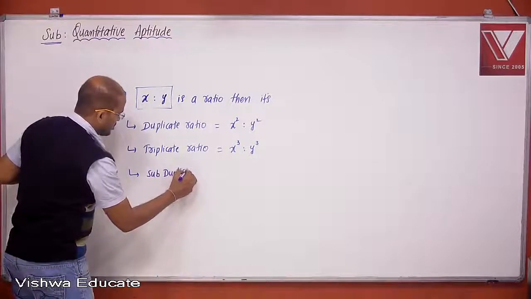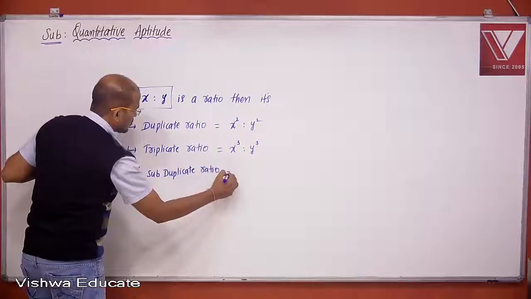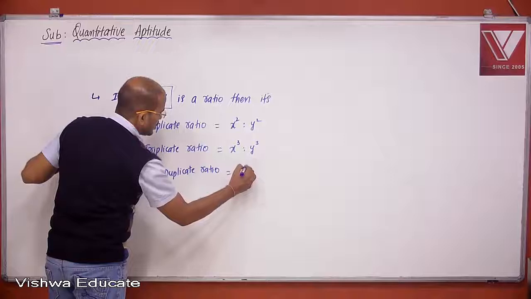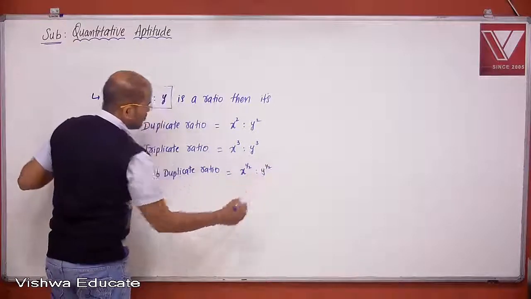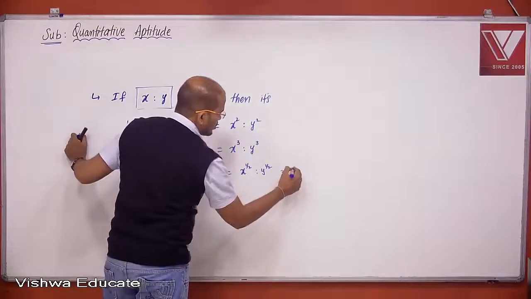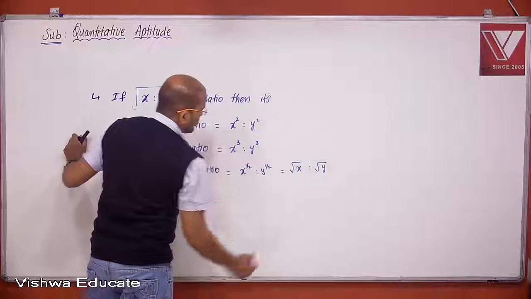Its subduplicate ratio is x power half is to y power half. People call it as square root of x is to square root of y.